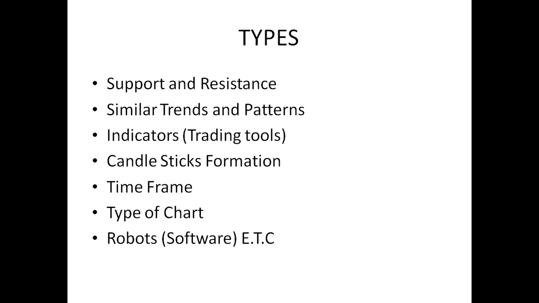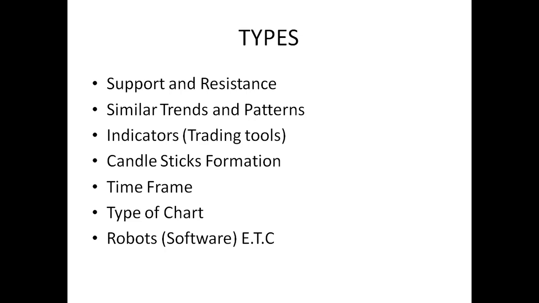There are people who also use what we call trends or patterns. When the market structure comes in a certain pattern, they believe that something will happen next. There are also others who believe that when a certain trend is formed, this is what will be happening next.